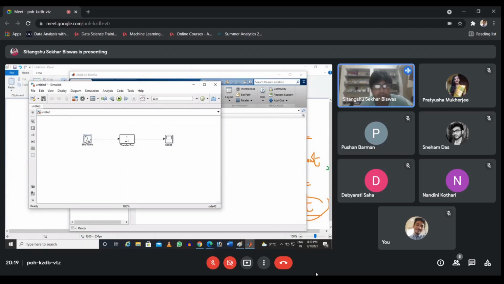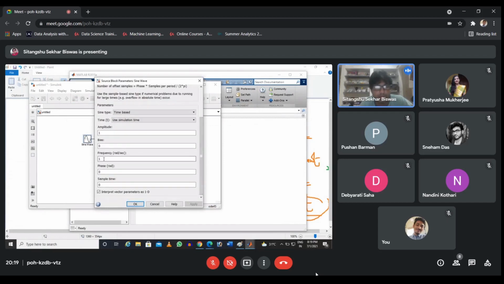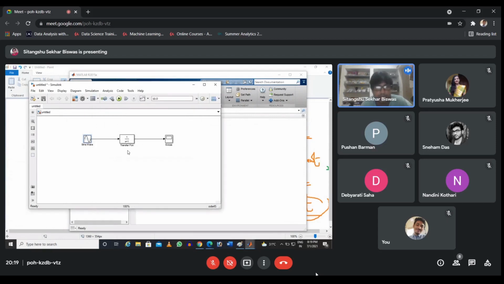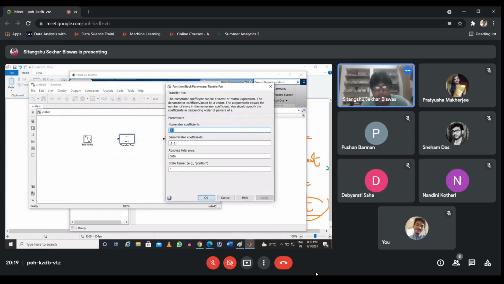So let us give the amplitude as 1, and 50 hertz. If it is 50 hertz, 2 pi f means 100 pi. Okay, this is the excitation. Let us change the transfer function form. It will be in vector form.